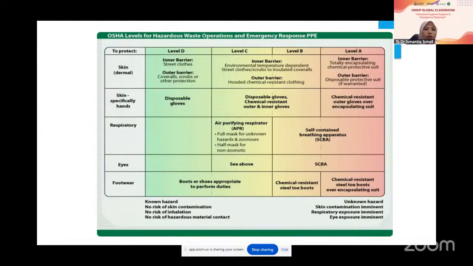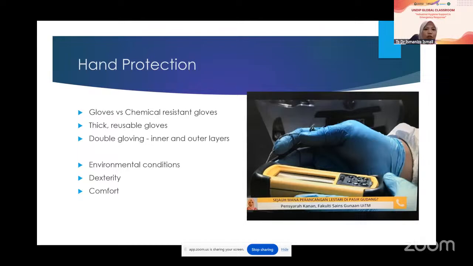Okay, as you can see here, sometimes people double glove, okay, the inner and outer layer, which means that in case of failure, in case it permeates, you still have another layer. But it is very tricky because when it comes to removing it, doffing the gloves, you have to be careful so as not to cross contaminate your skin surface.